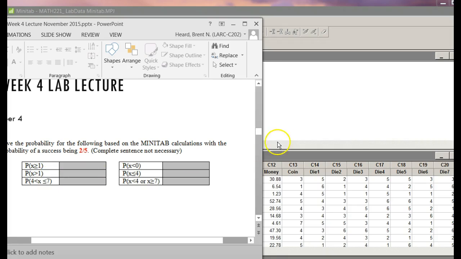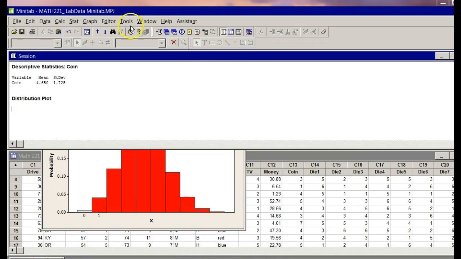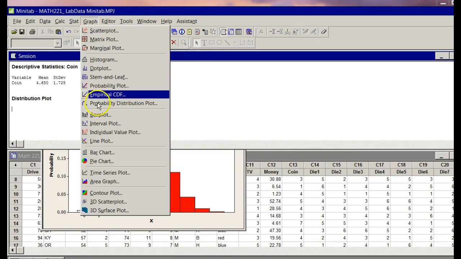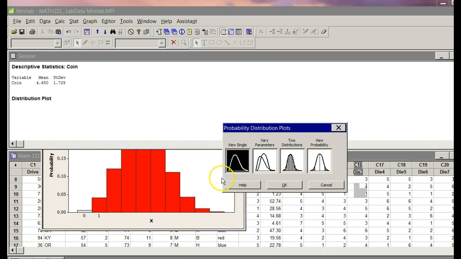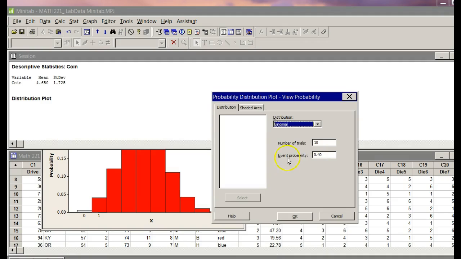The next one is greater than 1. Greater than 1 means everything that is greater than 1, which is 2 or more. So I would go back and say graph, probability distribution plot. Click View Probability. Say OK.